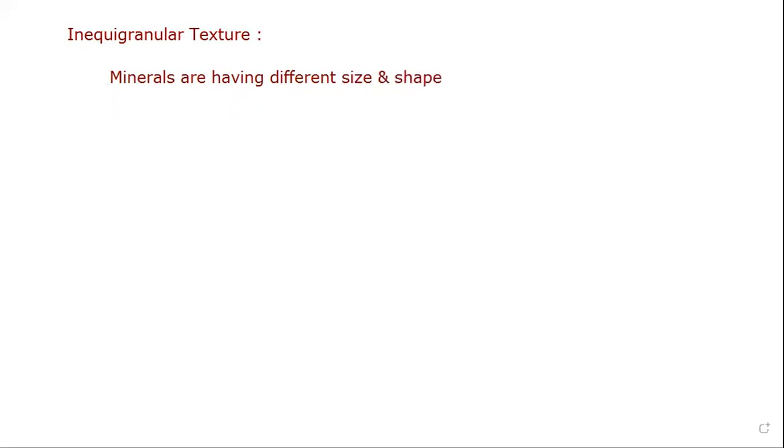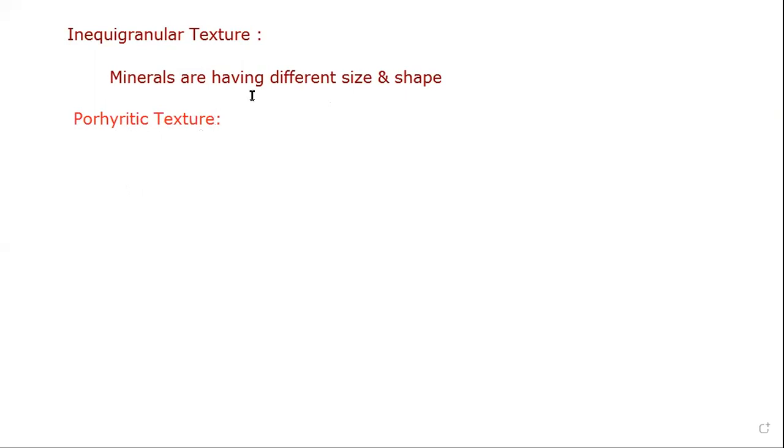Okay, so when we are talking about the inequigranular type of texture, one special type of texture is there, porphyritic texture. Porphyritic texture एक स्पेशल टाईपचं टेक्स्चर आहे inequigranular टेक्स्चर मधलं.